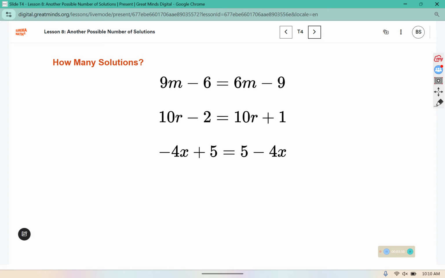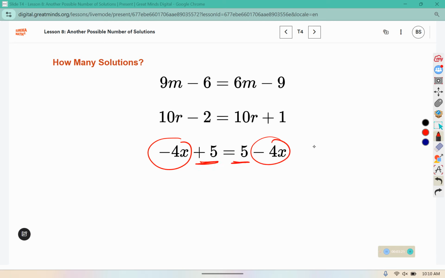So here it says how many solutions. If we were to think about yesterday's lesson, when everything was the same, those had infinite solutions.